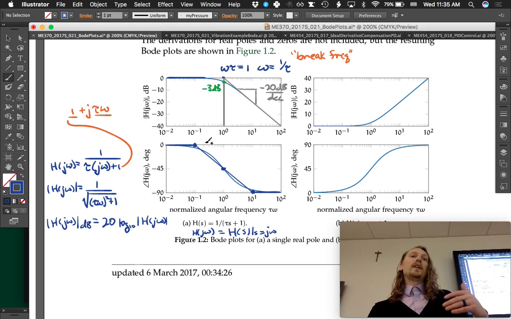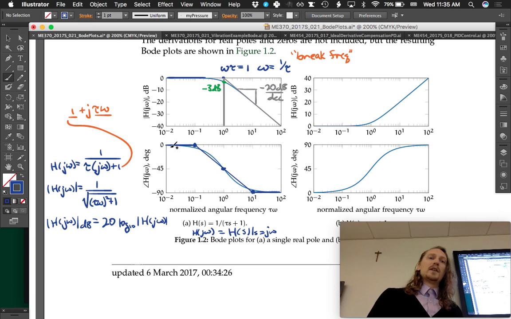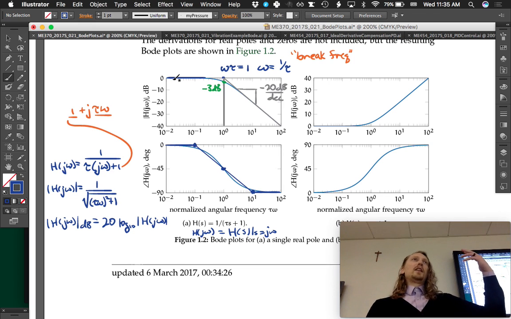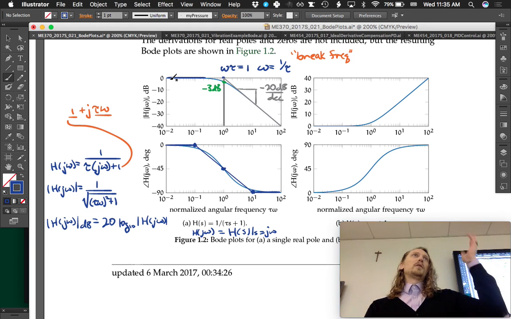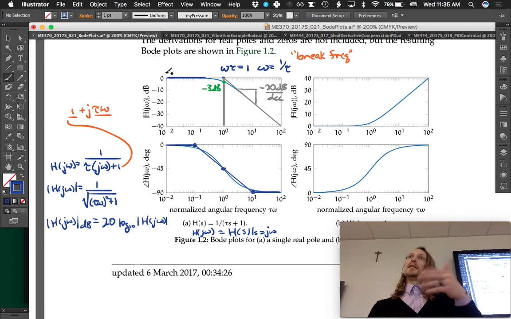If you drove it at a low frequency, the input amplitude would be exactly equal to the output amplitude. That's 0 dB, and if you go back through the definition, in amplitude it's just 1.